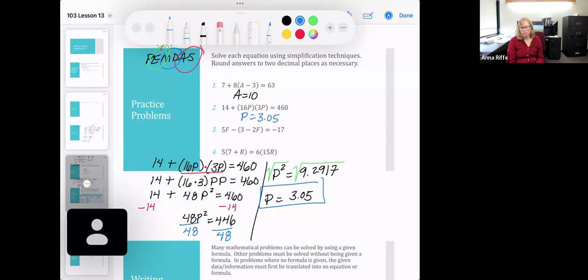All right, sounds good. Why don't you try number 3 and 4? Take a few minutes to work on these two. Again, they illustrate the difference between the differing ways that you'll see parentheses. Sometimes you'll need to distribute, and sometimes you'll just need to multiply.